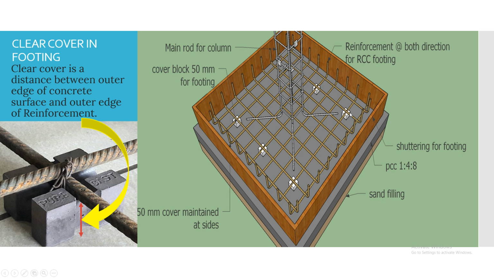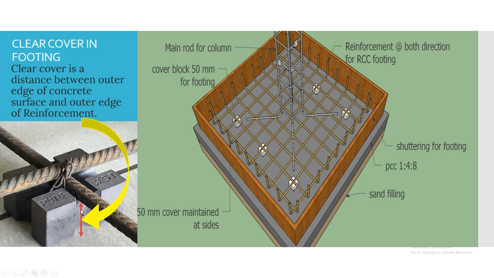How it is provided, we are going to see in the next slide. These are the cover blocks placed below the reinforcement mesh. And the definition as you learned here, the distance between the outer of the concrete to the outer of the bar, that is nothing but the cover in the concrete.